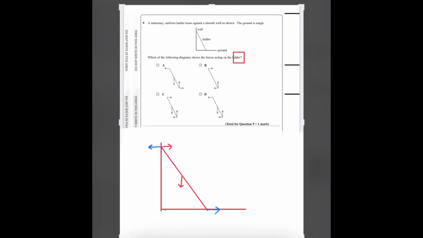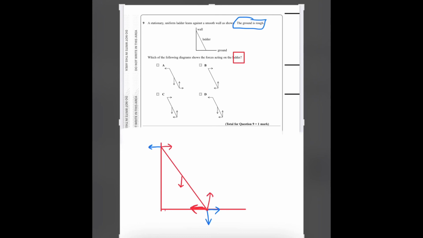Since the ground is rough, there will be an equal and opposite force from the ground on the ladder. The ladder will also be exerting a downward force on the ground, and the ground will exert an equal and opposite force upwards on the ladder.